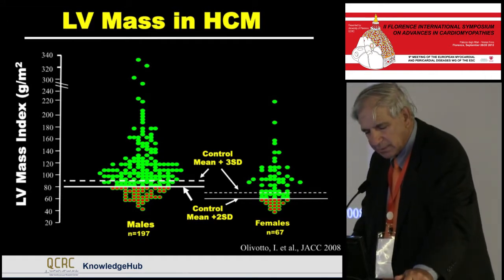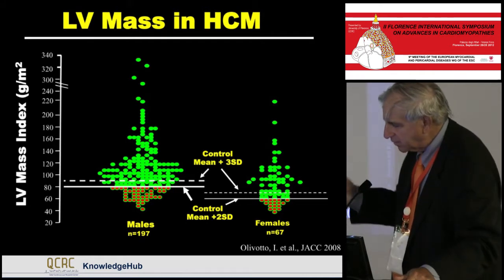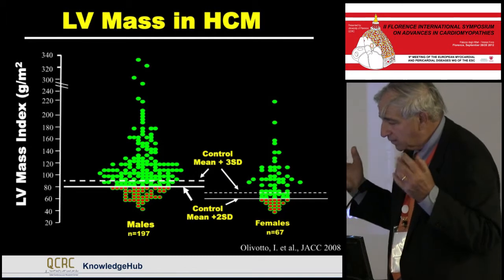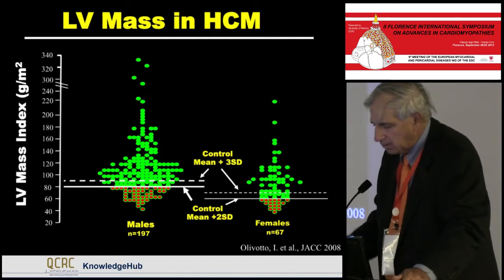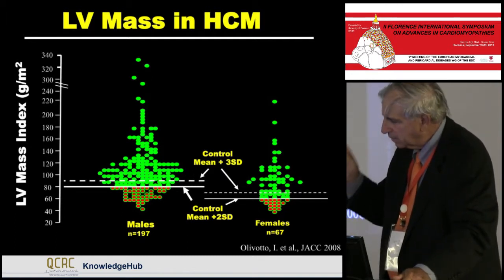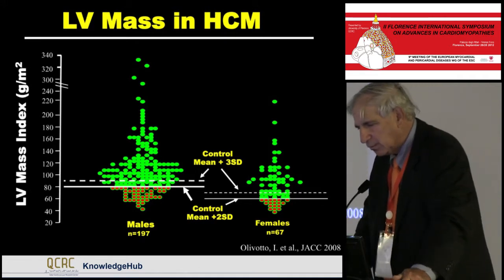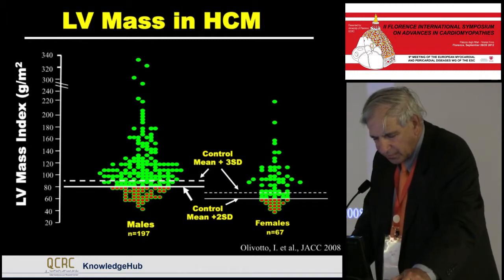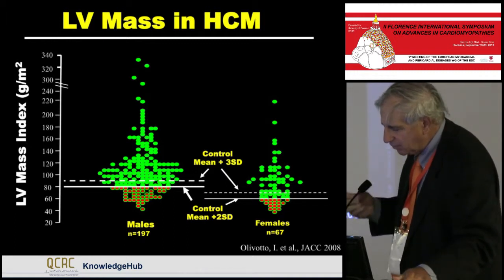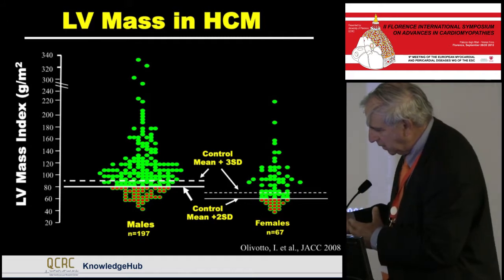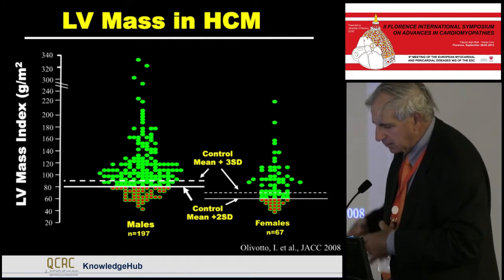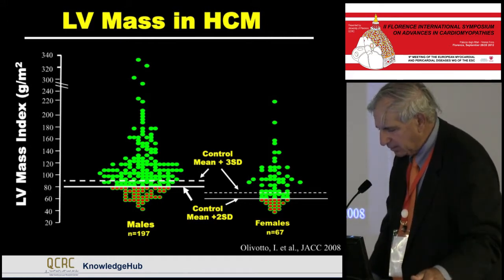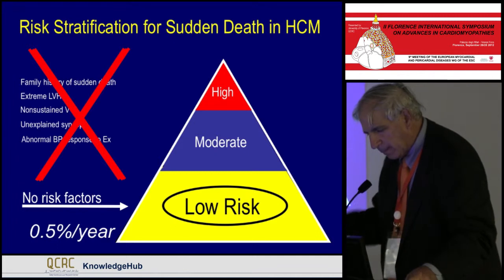How is that possible? This is supposed to be a disease of left ventricular hypertrophy, and they have normal calculated mass, and that is a reflection of segmental hypertrophy. Relatively mild segmental hypertrophy confined usually to one small segment of the left ventricular wall. So it is important to know that an increase in left ventricular mass in the MRI lab is not obligatory to the diagnosis of HCM. It's still a matter of wall thickness.